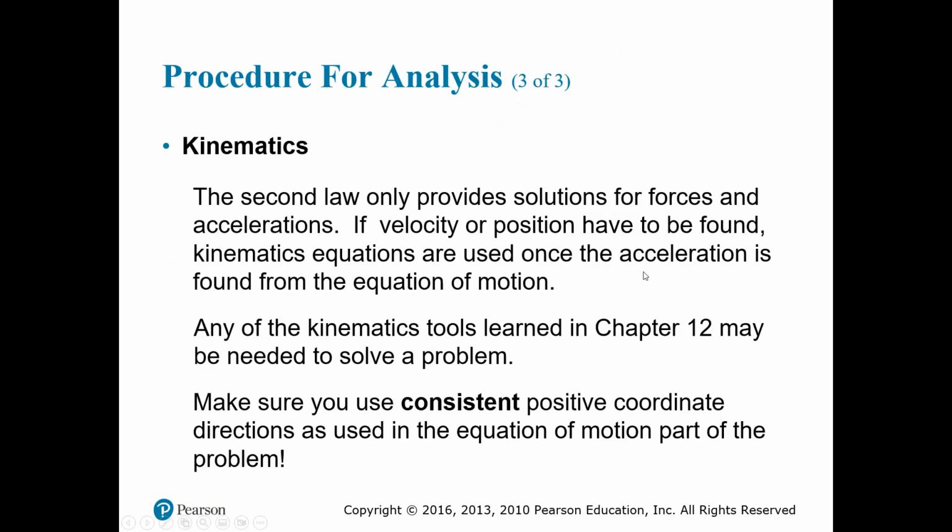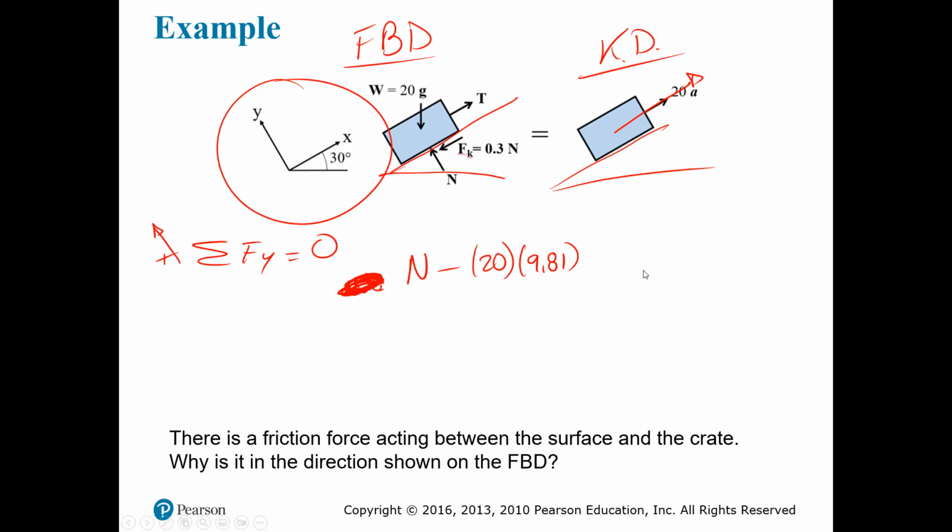So this has to be multiplied by the cosine of 30, and this is equal to 0. From here, I can get that the normal force will be equal to 169.9 newtons.